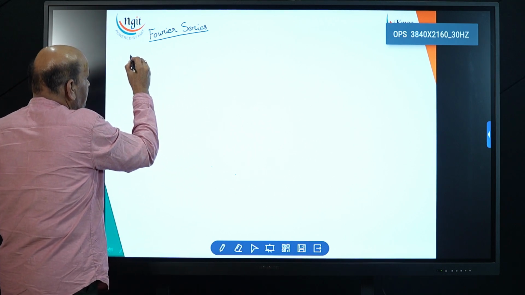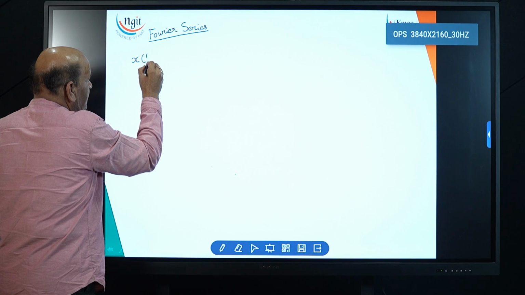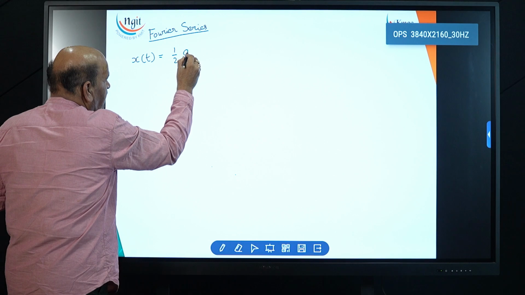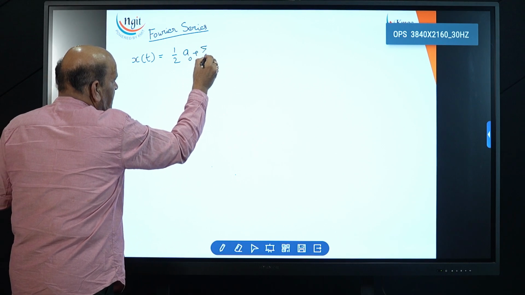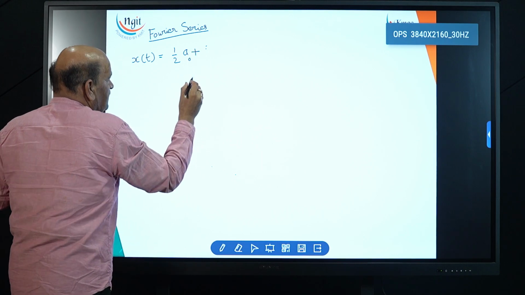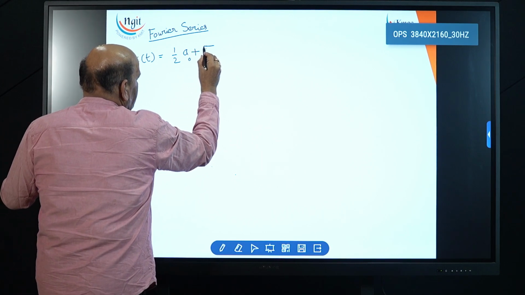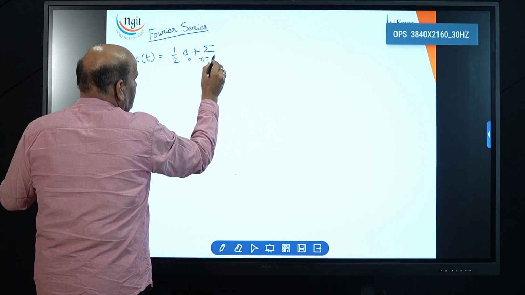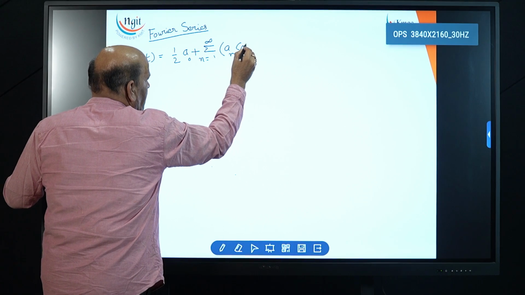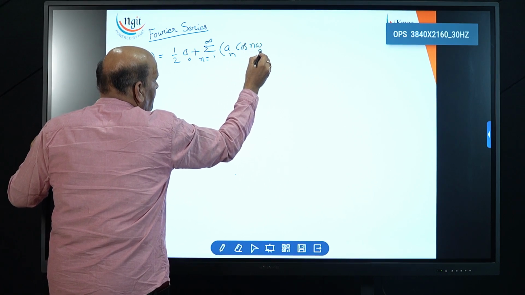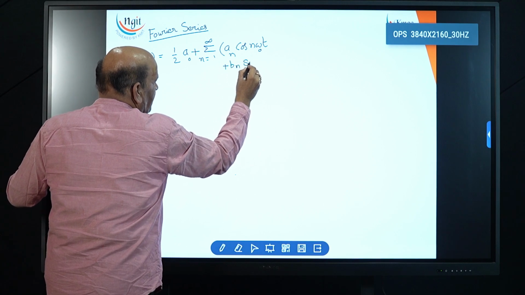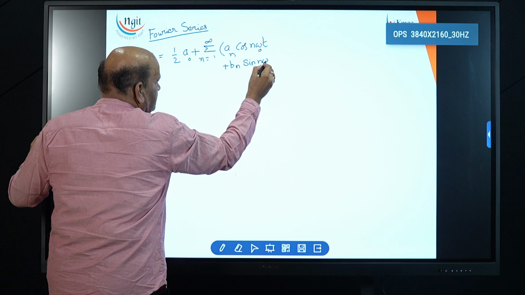As per the Fourier series, in the previous case, we know that any signal can be written in the format of half A naught plus summation n equal to 1 to infinity an cos n omega naught t plus bn sin n omega naught t.